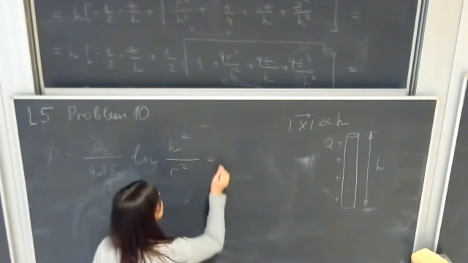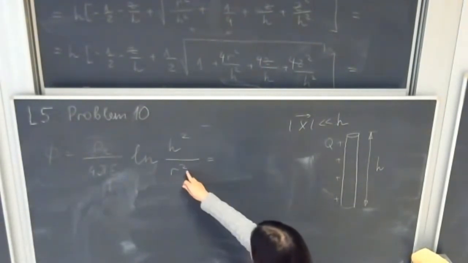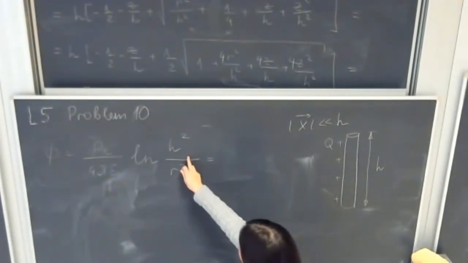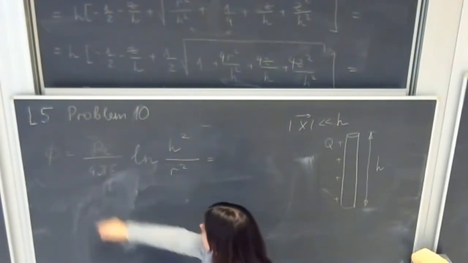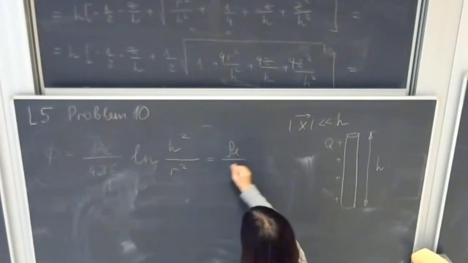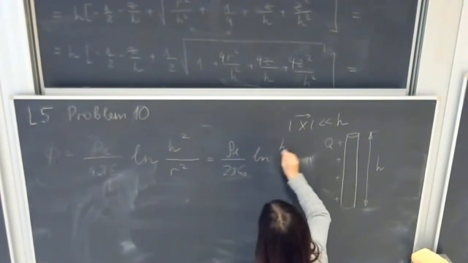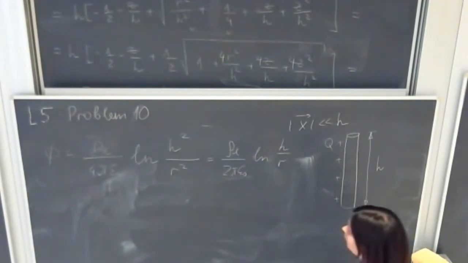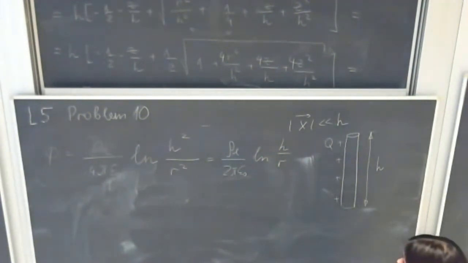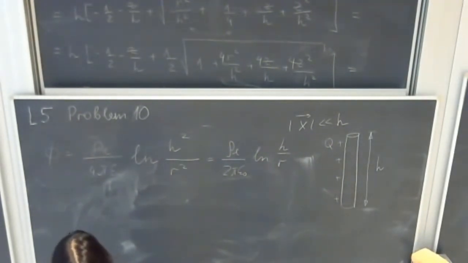So to simplify further, these squares can be taken out as a number 2. Okay, that's the solution for the electric potential.